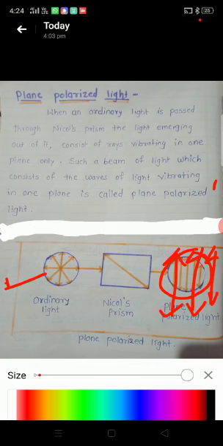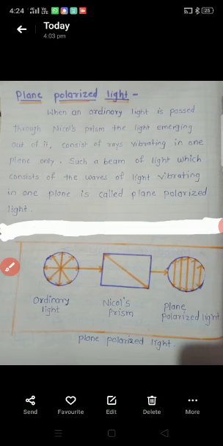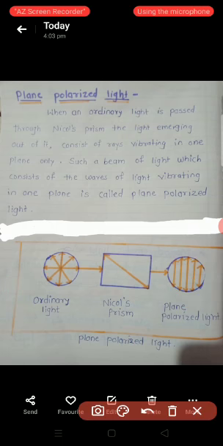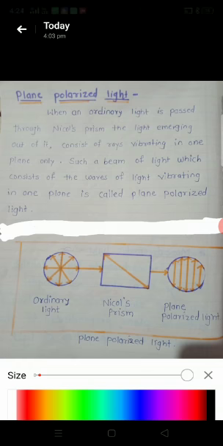Such a beam of light which consists of waves of light vibrating in a one plane is called plane polarized light. Get it? Plane polarized light.